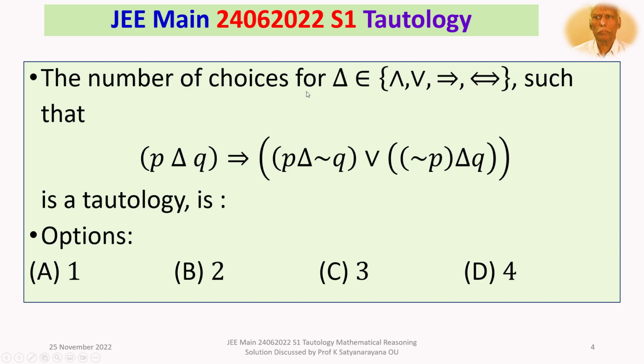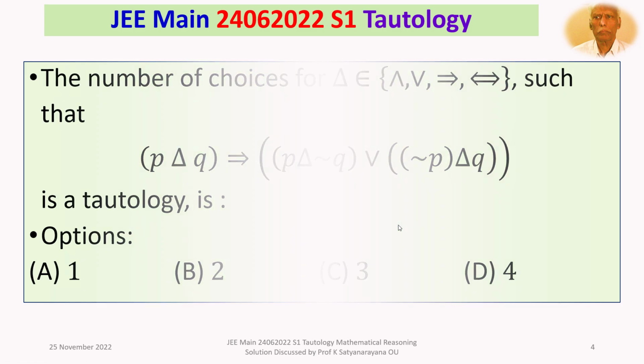How many such deltas from these 4 can be obtained such that this statement is a tautology? Are they 1, 2, 3, 4? So let's now discuss the solution of the problem in detail.